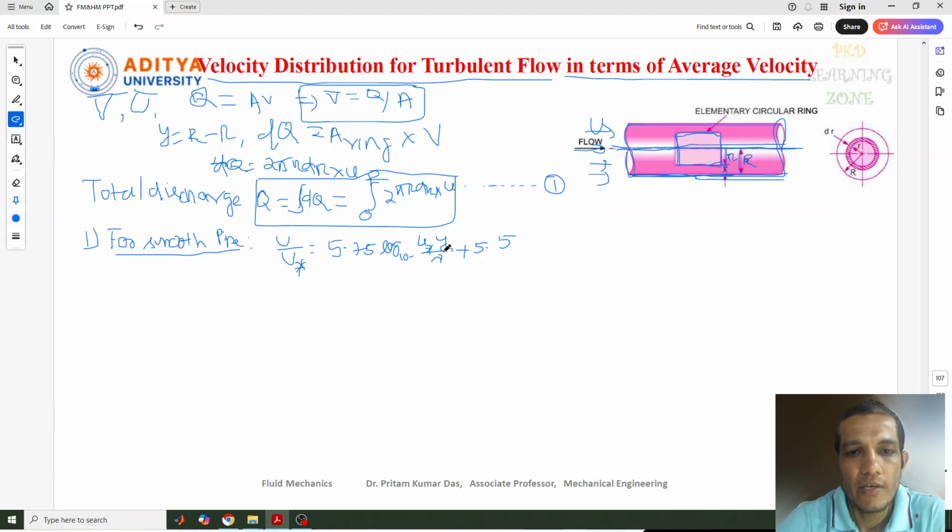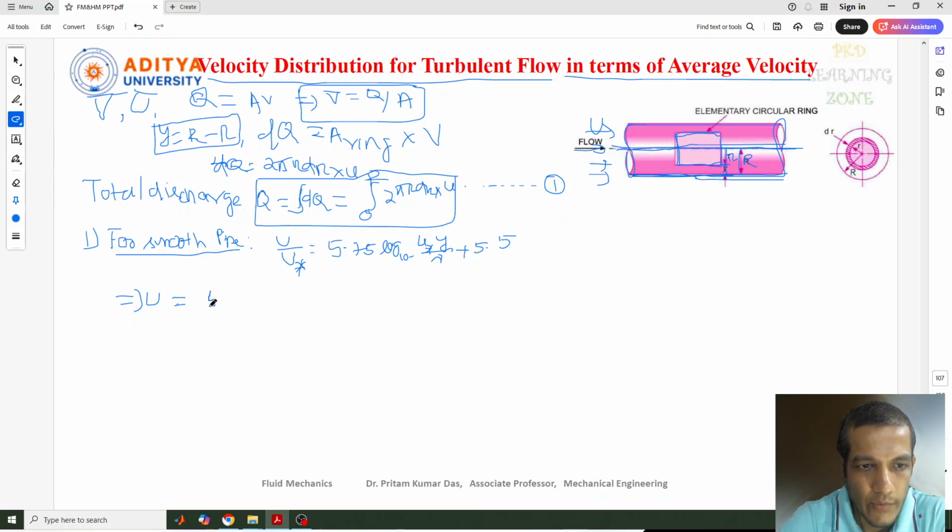Now here, we have the value of y equal to y, because that was the total height. But here we are taking the average velocity, and in place of y we need to consider the value of capital R minus small r. So I'll put R minus r in place of y and see what the equation is. I'll write u equal to, and I'll also take this u star to the right hand side.